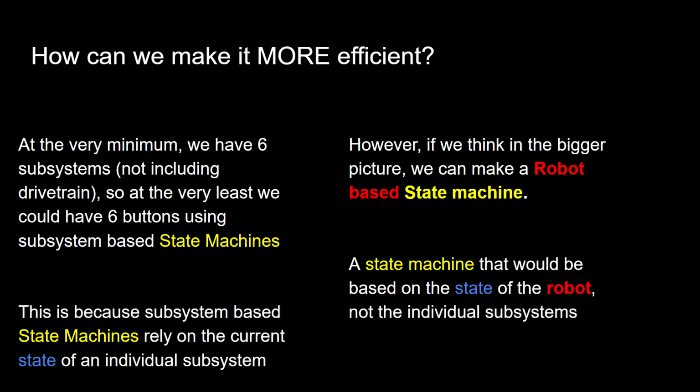And this is because subsystem-based state machines have to know the state of the current subsystem. If we make a robot-based state machine, we don't. A robot-based state machine, like the name implies, will actually look at the state of the robot itself, like the entire robot, not the individual subsystems.